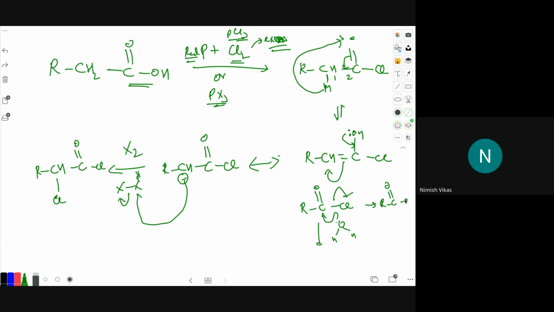RCOOH. So in the end, when we add water, we get what? RCHCl COOH, which is our starting material. This is called what? Hell-Volhard-Zelinsky reaction.